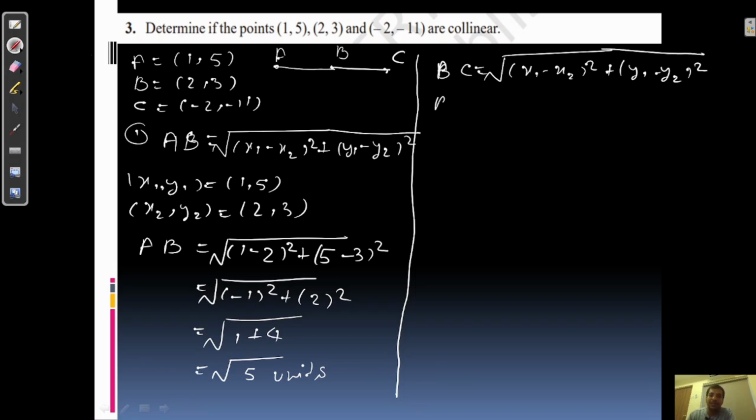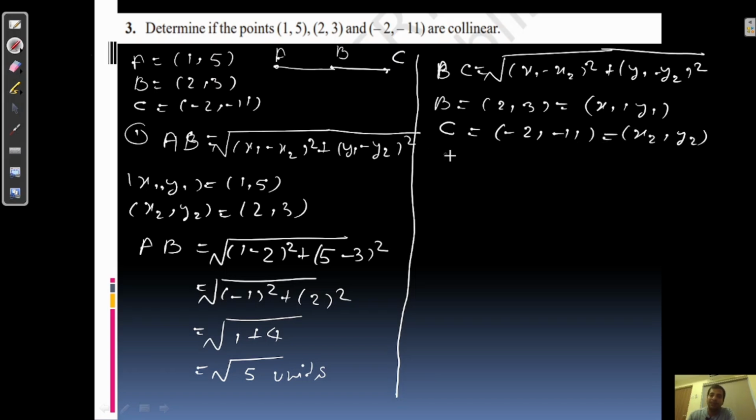So what is point B here? As we know, it is (2, 3). So we are taking it as x1, y1 now in our second approach. The point C, it is (-2, -11), and I am taking it as x2, y2.